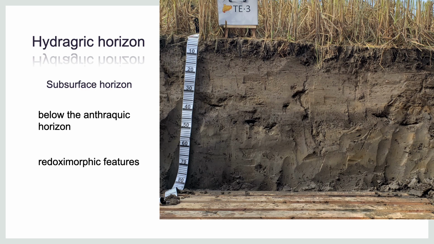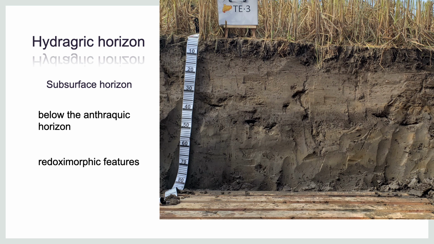We also have another horizon that is also formed by humans, the hydragric horizon. The hydragric horizon is a subsurface horizon that's formed below the anthraquic horizon. So again, the anthraquic horizon is that surface horizon created by humans in cultivated and flooded sites, but at subsurface, you also can find a horizon that has a high bulk density, remember?